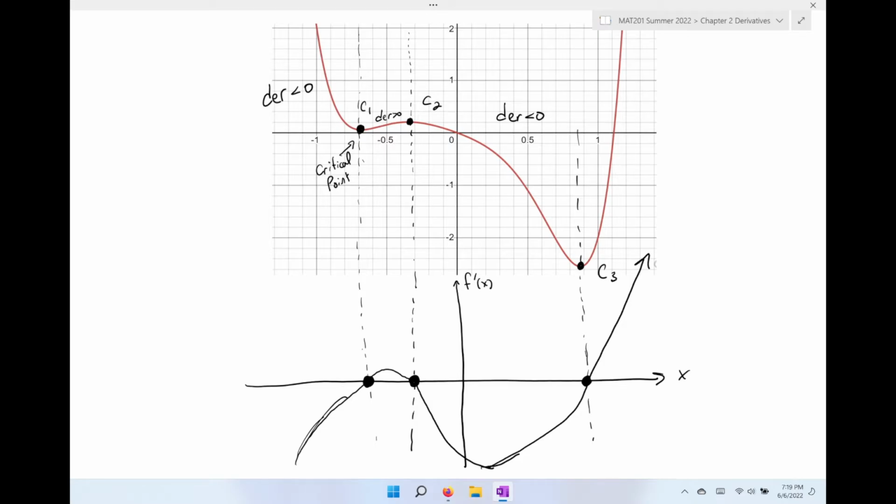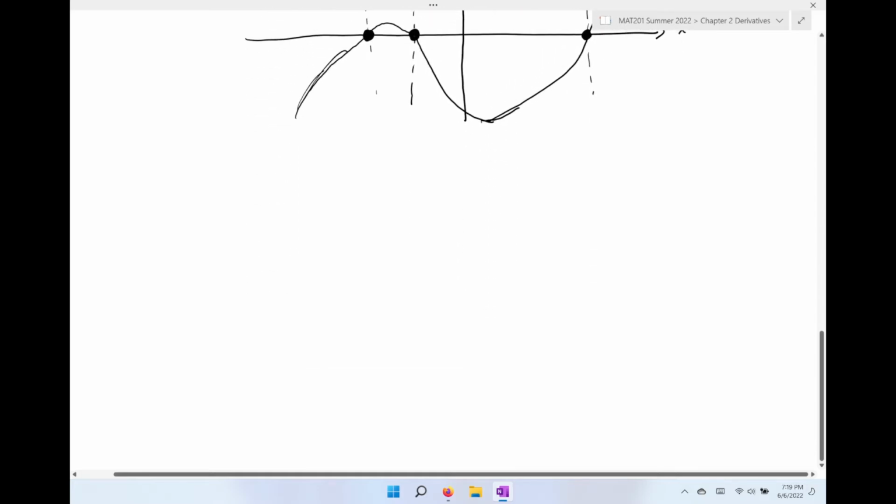The next thing I want to go over is, what are some other notations that we use for derivatives? Let's go back over here. Other notations. You and I are really used to the Newtonian way of describing the derivative, which is f prime of x.